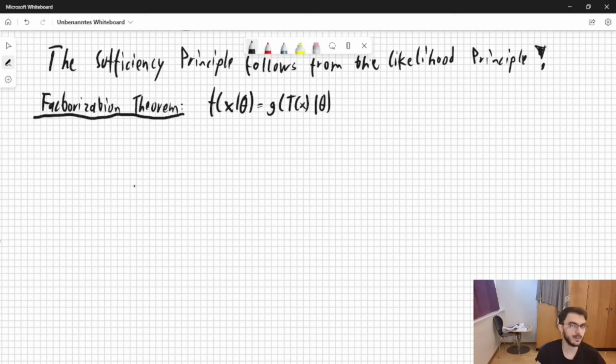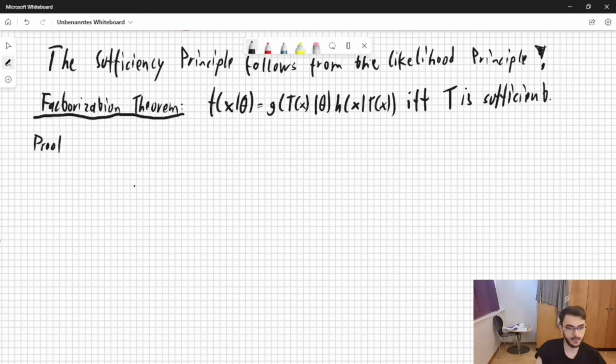So first we calculate the probability of T of X given theta, and then based on this we calculate the probability of x given T of X, if and only if T is sufficient.